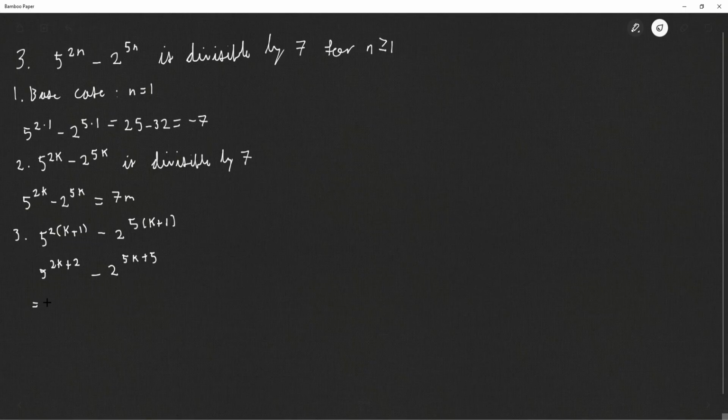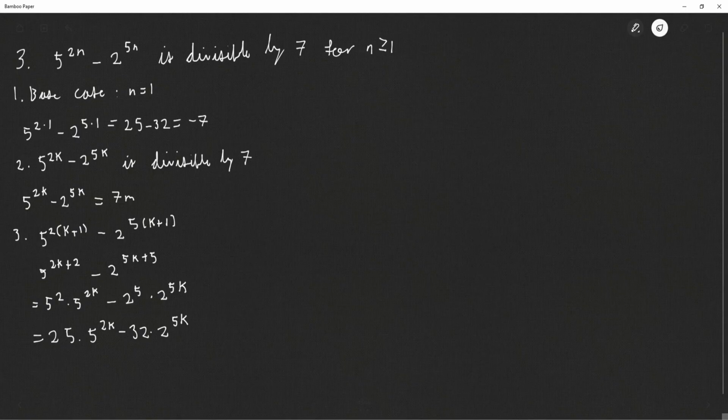And this just becomes equal to 5 squared multiplied by 5 to the 2k minus 2 to the 5 times 2 to the 5k, which gives us 25 times 5 to the 2k minus 32 times 2 to the 5k.